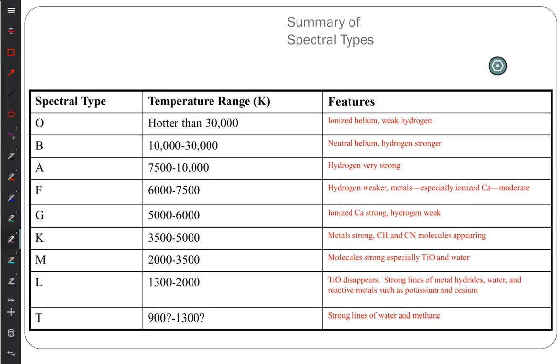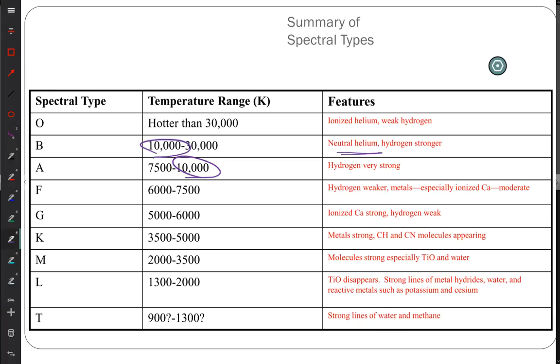The absorption spectra, then, if you go down to B, 10,000 to 30,000 kelvins, you have now neutral helium, so 2 electrons, and stronger hydrogen absorption. Remember, hydrogen absorption is strongest at about 10,000. The A's have really strong hydrogen absorption, 7,500 to 10,000.